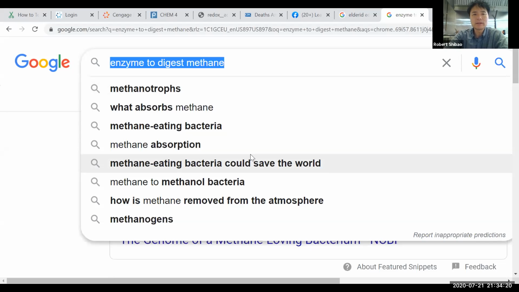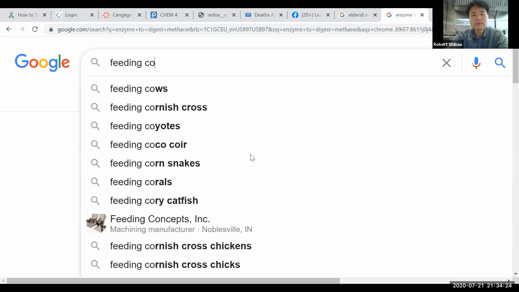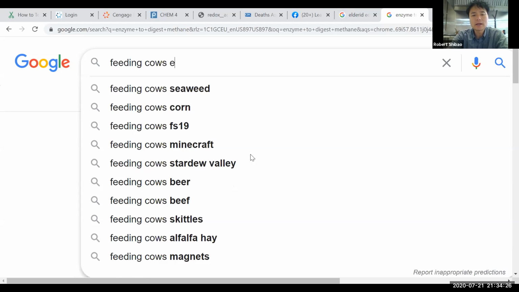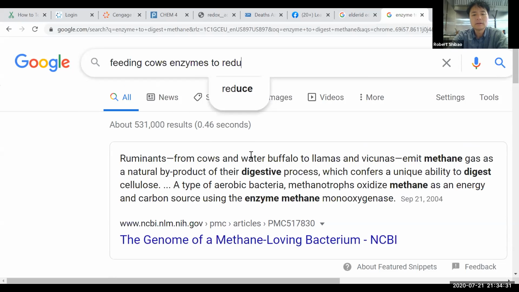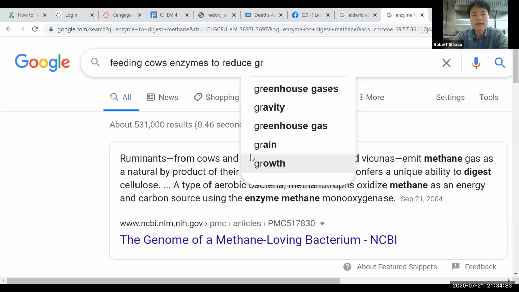Cows produce a lot of methane. And so feeding cows enzymes to reduce greenhouse gas emissions.